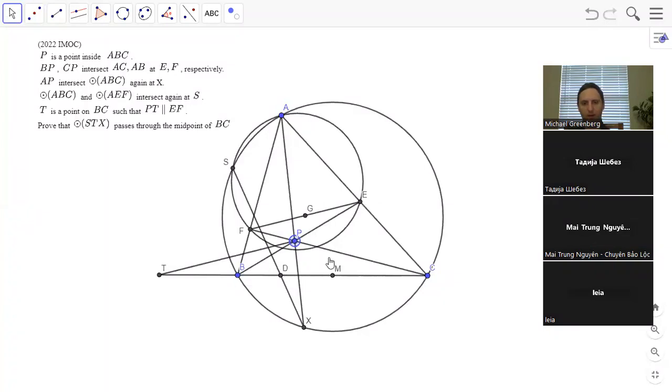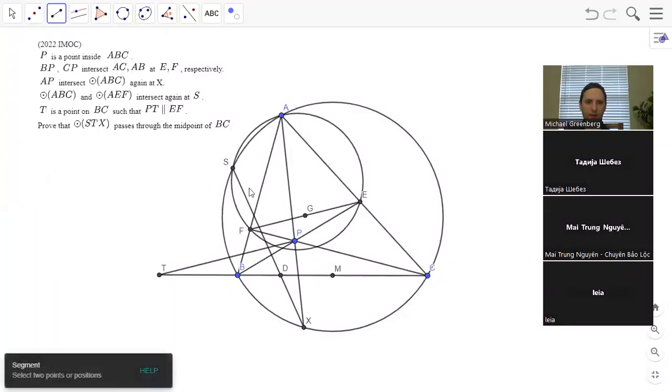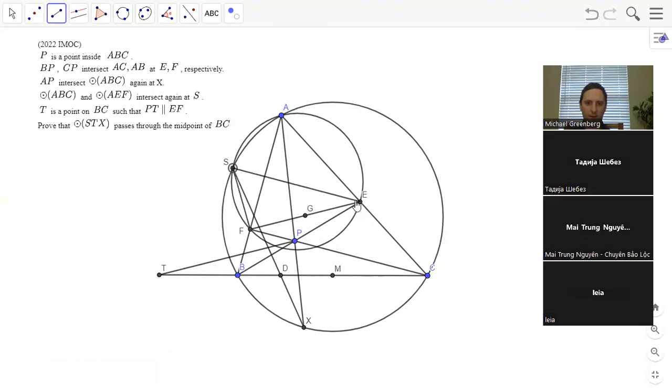Maybe something like that. So yeah, SFE. So angle SBX is... BAX is... FAE. So yeah, I think it's kind of like I would look at in triangle SFE, I would kind of draw this point right here.